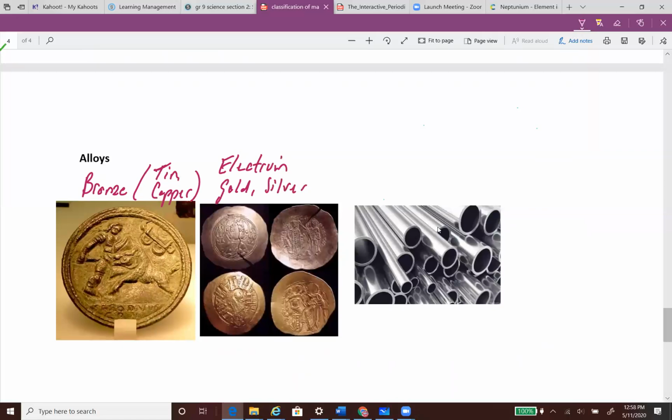So you can see that alloys are basically solutions of metals. This is steel. Steel is generally a solution of carbon and iron. So alloys are another example of solutions, okay?